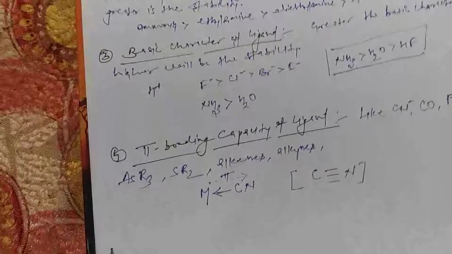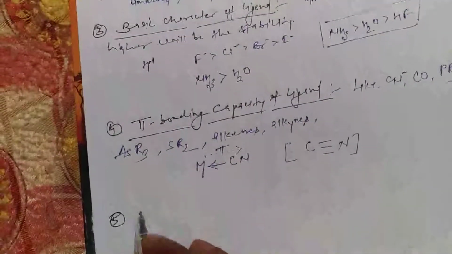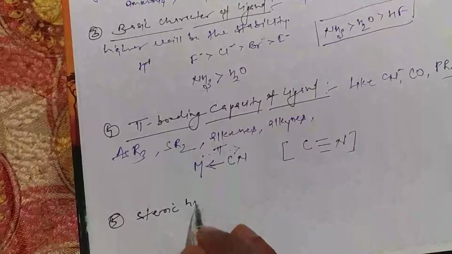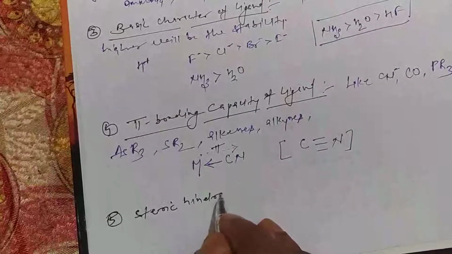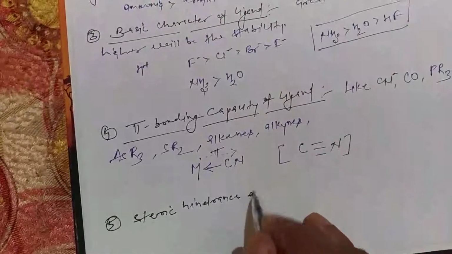Now next is steric hindrance. The fifth point is steric hindrance due to bulky group.